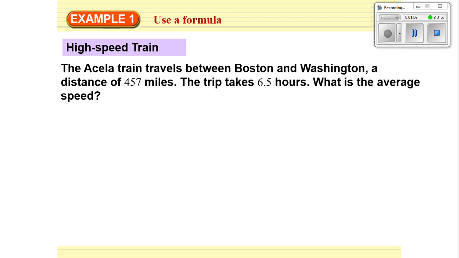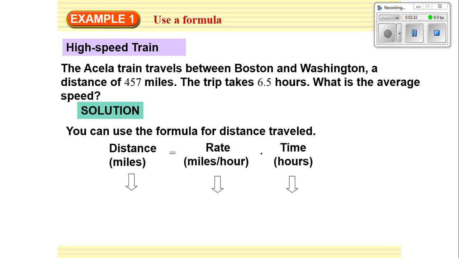So let's start off by talking about a high-speed train that is traveling between Boston and Washington, a distance of 457 miles. The trip takes 6.5 hours. What is the average speed? Well, you may already know that there is a formula that we can use when we are working with distance and time and rate, and that is distance equals rate times time.